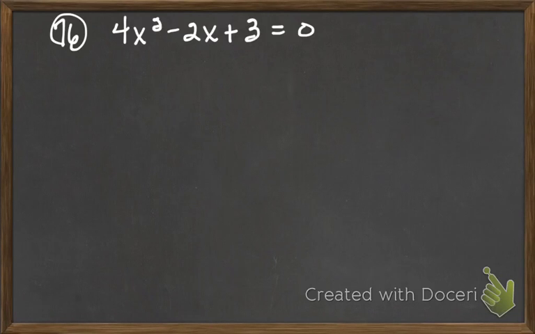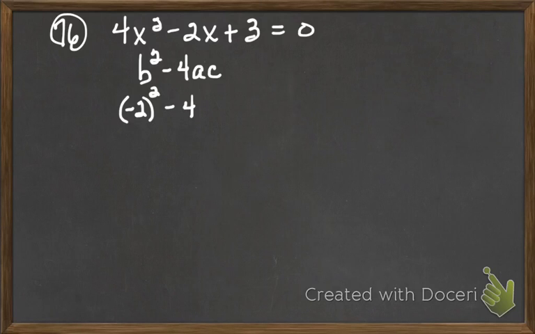So it's already set equal to 0. You can see a, b, and c. You're only computing b squared minus 4ac. That's the only part you're doing. So in parentheses, you're going to do -2 squared minus 4 times a, which is 4, times c, which is 3. Figure out what that value equals.